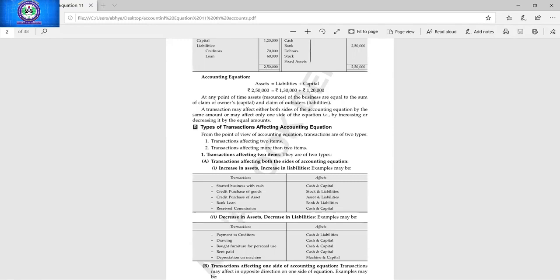Similarly, if we are purchasing shares, debentures, mutual funds, commercial paper, treasury bills, in books we will not be writing these. All these are part of investment. So for all these things, we will be writing only one word in our books, that is investment. Further bifurcation we can give, but the head will be only one, that is investment.